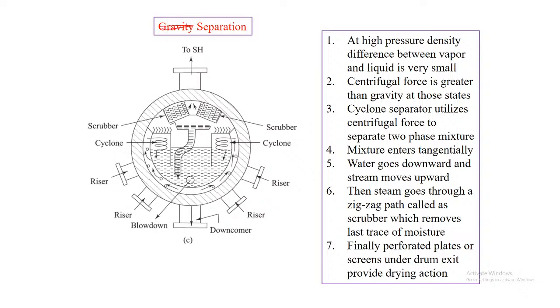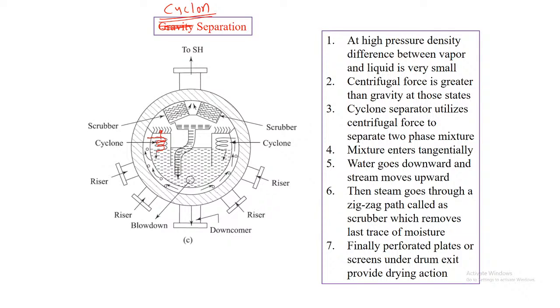Now we will have the third type, which is the cyclone separator. Cyclone separator means we are at very high pressure, and at high pressure the density difference becomes very small. So the liquid and vapor mixture will enter a cyclone, and that cyclone is going to whirl, to rotate the steam which has the liquid and vapor mixture, such that the liquid gets separated and we have steam going up.